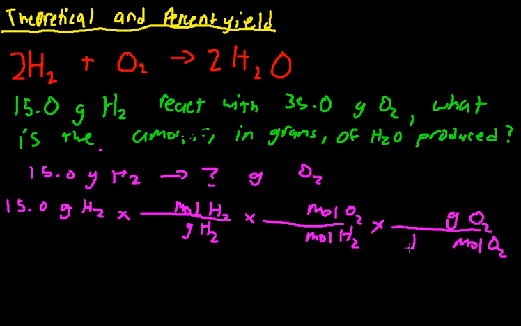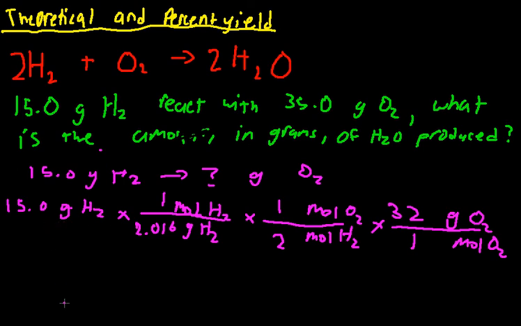So we can fill these in with 1, and 2, and 1 here. Then we know that 2.016 grams of hydrogen are 1 mole of hydrogen, and that approximately 32 grams of oxygen are 1 mole of oxygen.